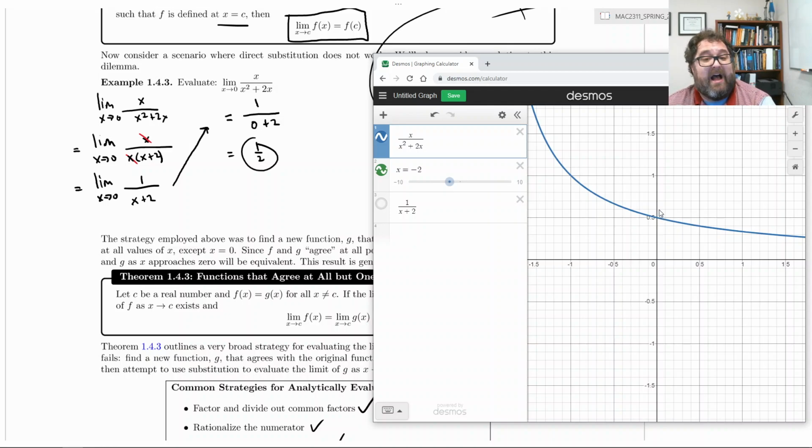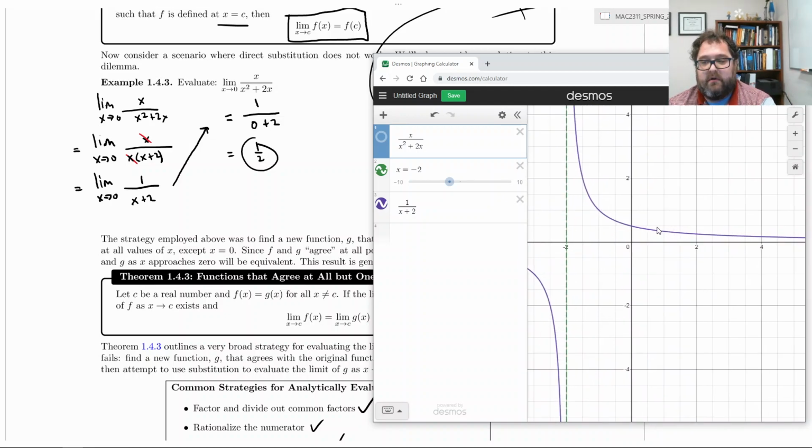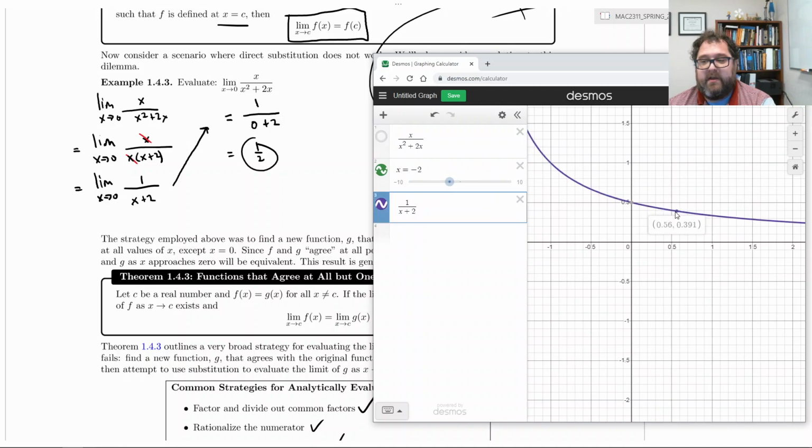And what we have done algebraically by simplifying the function is we said, hey, this new purple function matches the original blue function perfectly everywhere except at 0. And watch what happens now if we hover over 0. The y value is 1/2, which means we can find 1/2 via direct substitution. So that's what we've done.